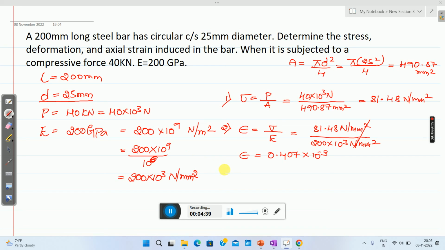So let me calculate the deformation, that is delta L. So you know the formula, delta L equals PL divided by AE.